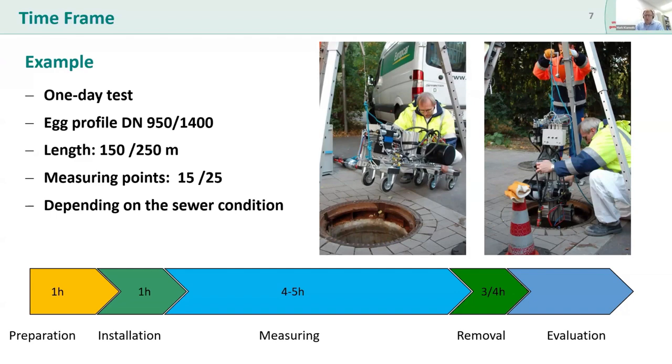Then you take your measuring, like 4 or 5 hours, depending on how long it takes, and another 3/4 hour in general to remove the system. This goes a bit quicker because you don't need to arrange everything properly anymore. You just need to get it out. And later on, very conveniently, you can do your assessment of the data you have gained from your sewer back home in the bureau.